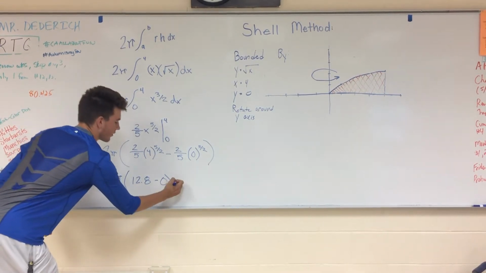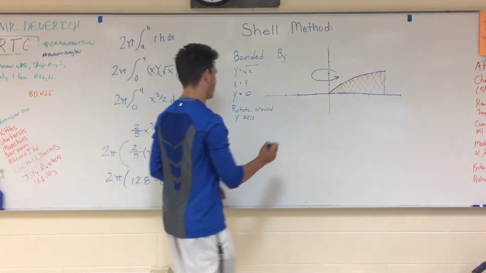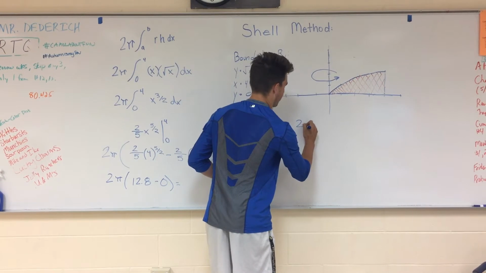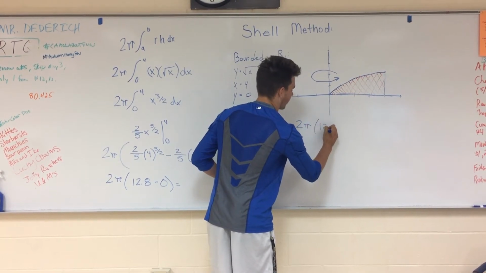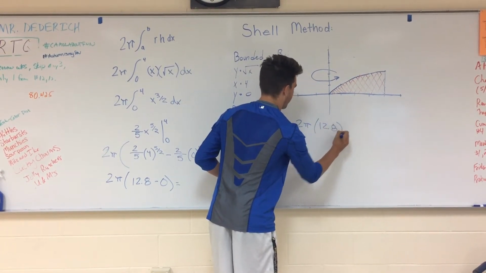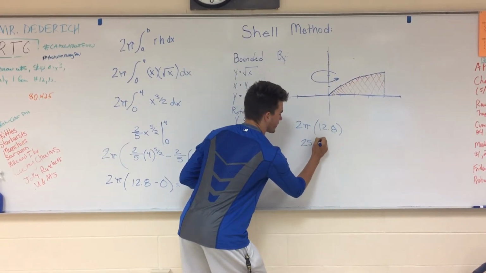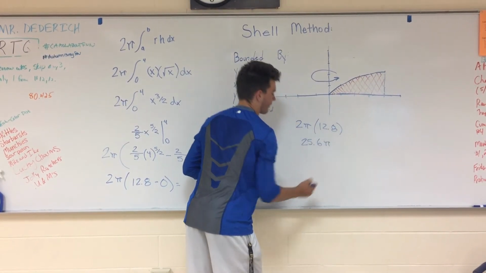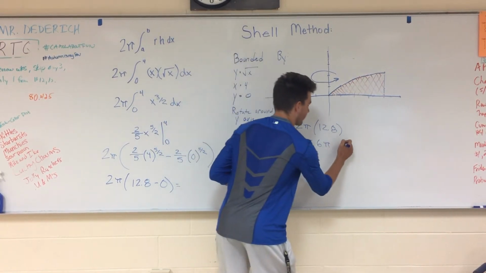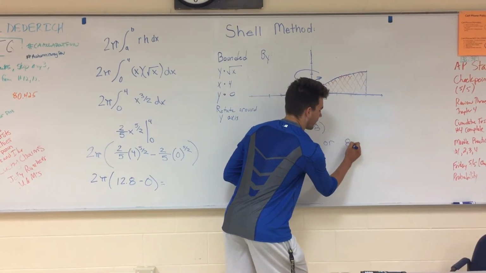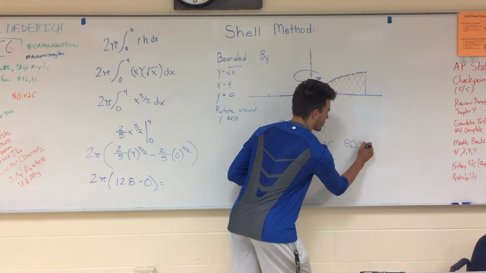Solving this, we bring it over here. We have 2 pi times 12.8. We take this, we get 25.6 pi, or 80.425.